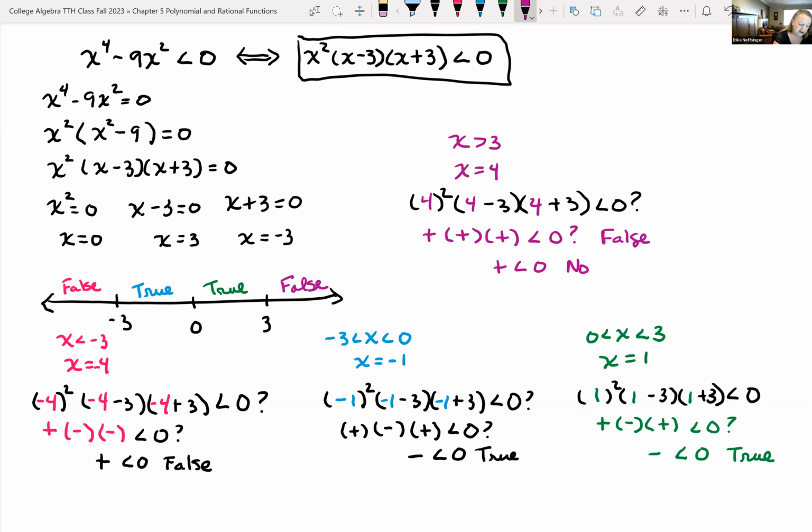So technically, I'm below the x-axis, touching at x equals 0 and then going back below. I know somehow I'm going to be crossing at -3 and then crossing at +3. So I have some graph, a very general sketch of what I would have of that polynomial if I sketched it.